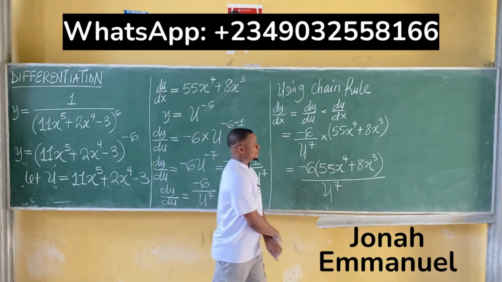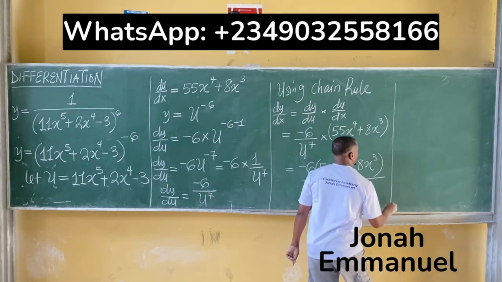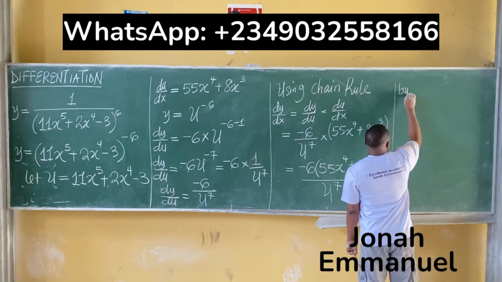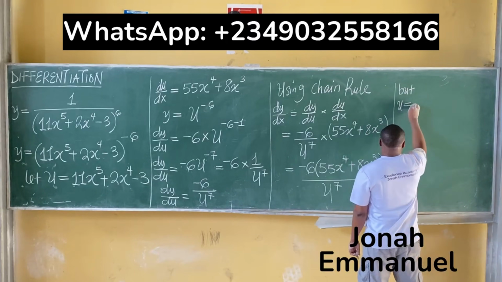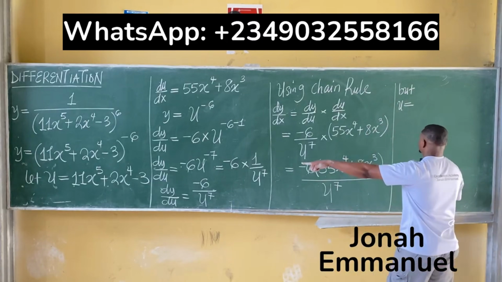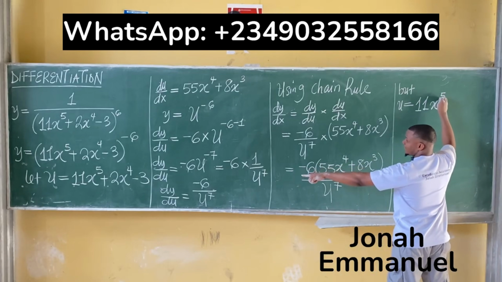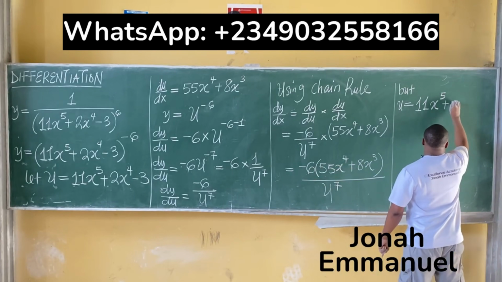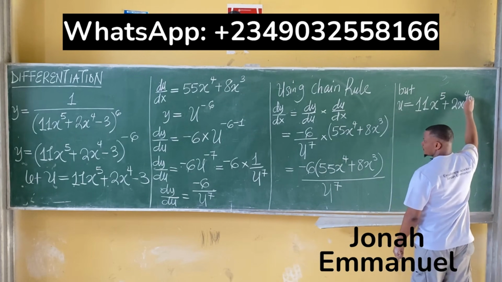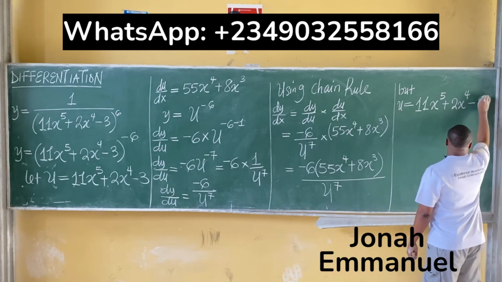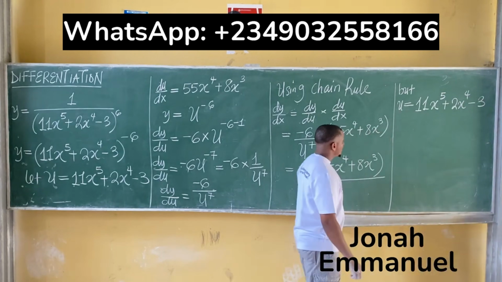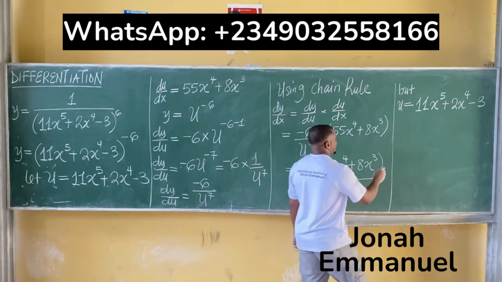Let's bring back u, but what's u? 11x^5 plus 2x^4 minus 3.